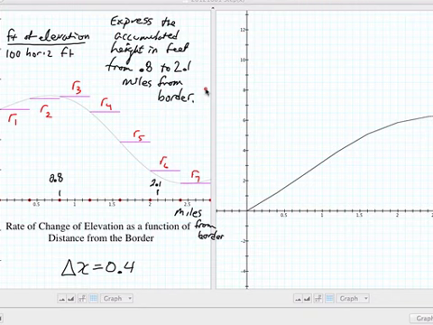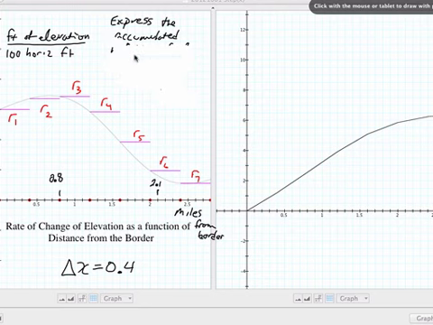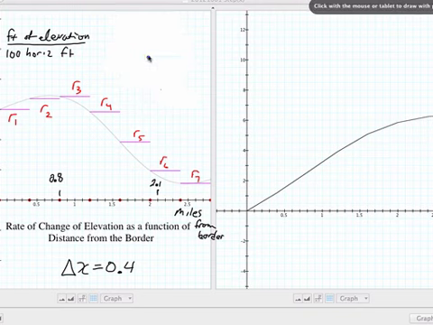Second one, there you go. This is going from 1.8 to 2.8. Yeah, rate times delta x. Okay, let's see what we came up with. How about Lauren? Did you get it?